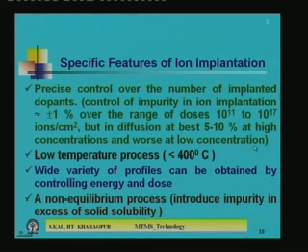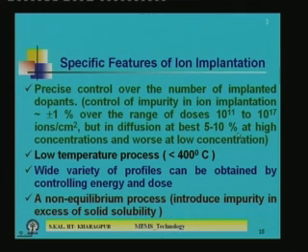That means you can get control of impurity atoms of plus minus 1% in case of ion implantation. In comparison, in case of diffusion the control is 5 to 10%. So, a much more precise doping profile, much more control on the dopant atoms is possible in case of ion implantation.